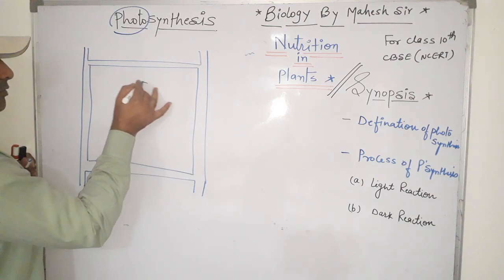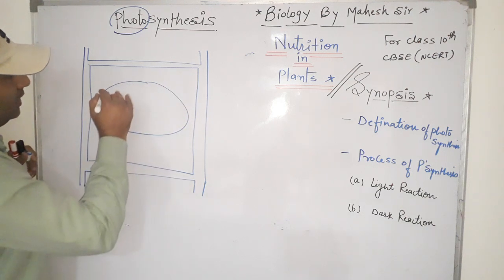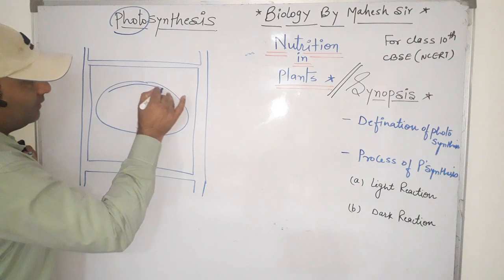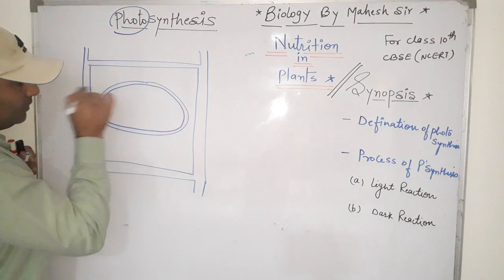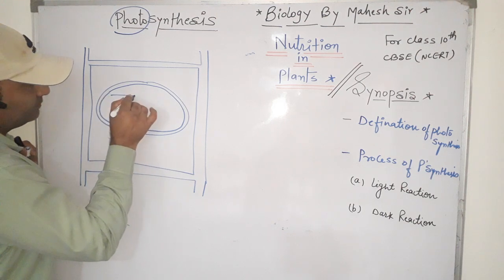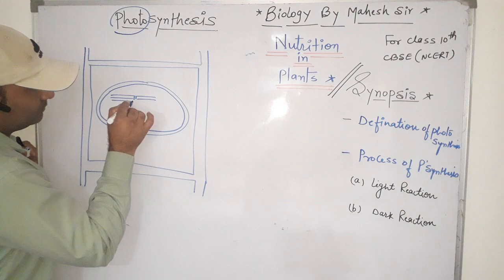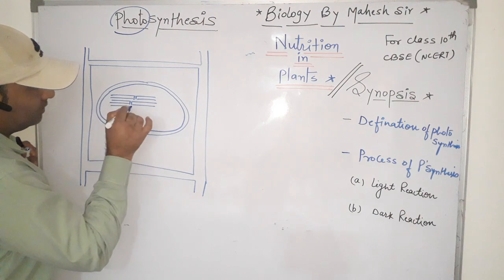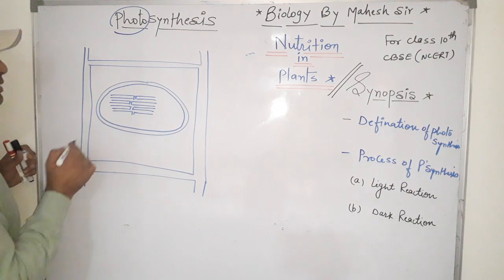We will draw only the structure of the chloroplast. It is a double membrane organelle. It contains the structure called thylakoid or grana.